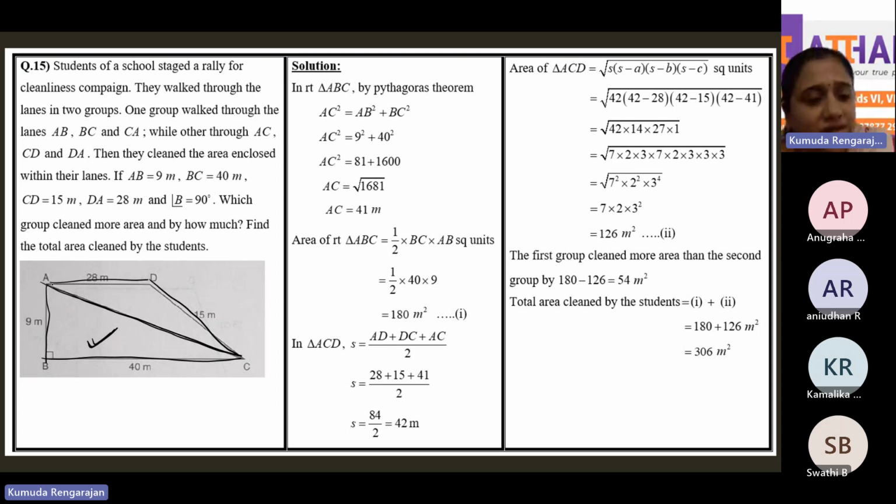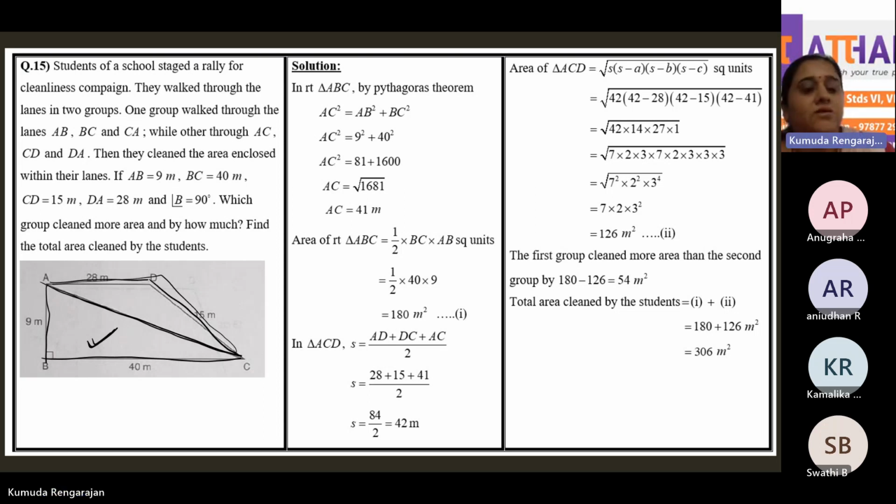Another set of students are cleaning this portion ADC, the area of the triangle ADC. So we need to find the areas of the two triangles and also answer who cleaned more area and by how much. One group is cleaning triangle ABC. The other group is cleaning triangle ADC.